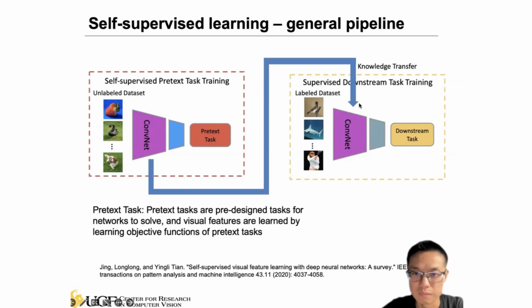So then we can use the pre-trained model and fine-tune it, right, on this small set of labeled data and perform the downstream task, which is bird classification. So that's the general idea or framework of self-supervised learning, right? Learn the representation by defining some pretext task and use that learned representation and fine-tune it for the downstream task.